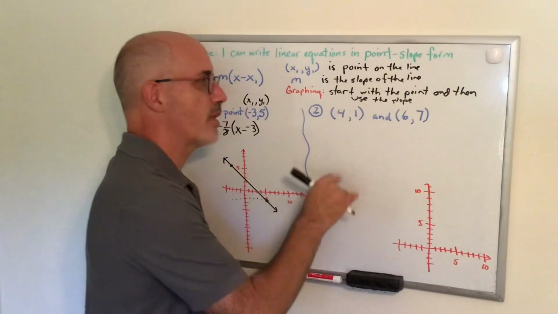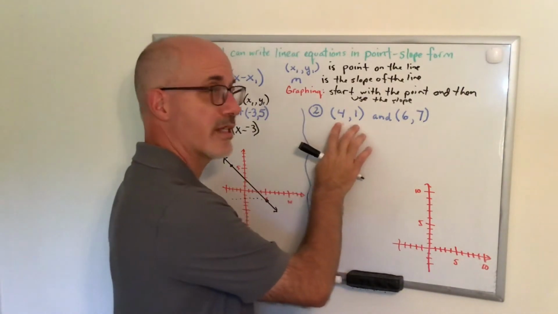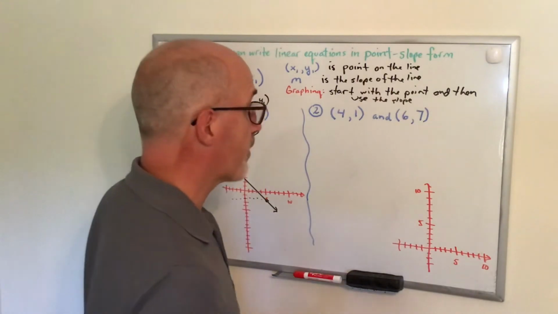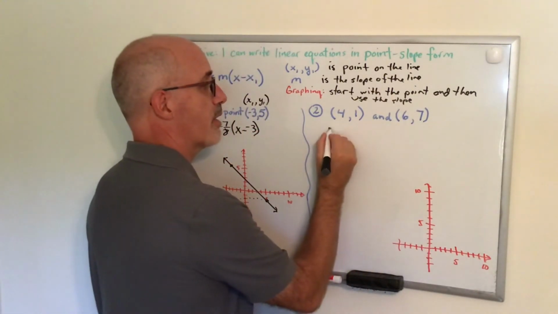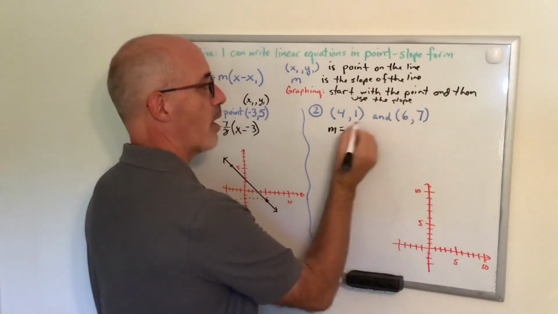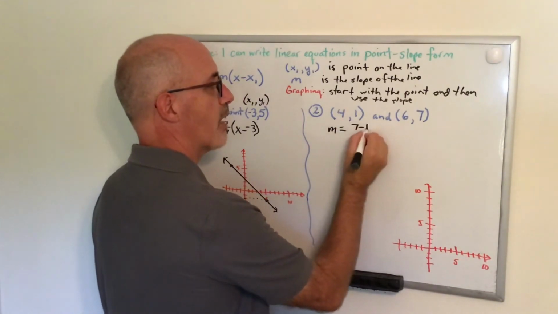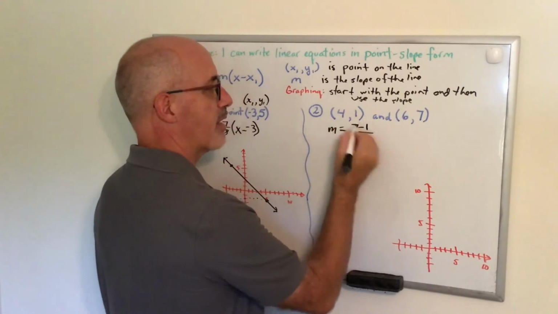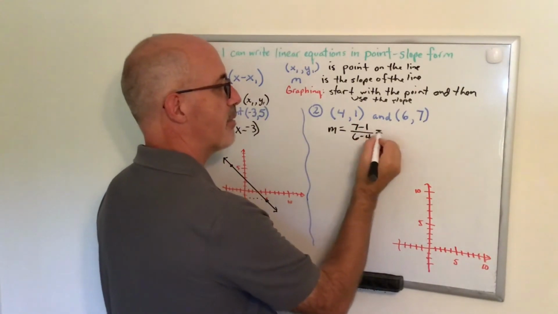Let's look at this next one. We're given 2 points here. You might call this x sub 1, y sub 1, and this x sub 2, y sub 2. Now I'm going to first of all find the slope. So my slope is going to be my y minus my other y, 7 minus 1, over my second x minus my first x, keeping that in order.